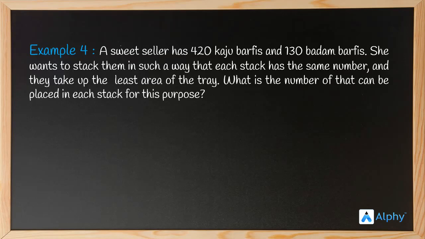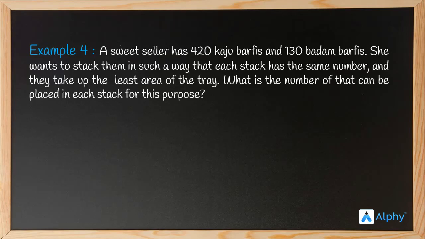Yes, we are going to find the highest common factor, that means the highest common number which divides both of these, so that number of barfis can be placed in a single stack.